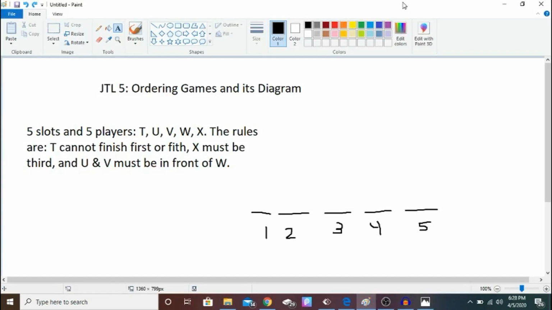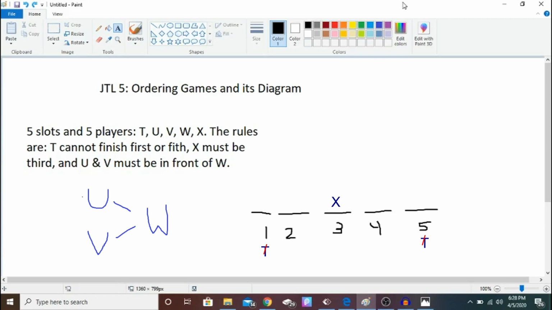You also need to form your own deductions and inferences from given rules. For example, 5 slots and 5 players, T, U, V, W, and X. The rules are T cannot finish 1st or 5th, X must be 3rd, and U and V must be in front of W. From these rules, we can form a variety of deductions and restrictions.